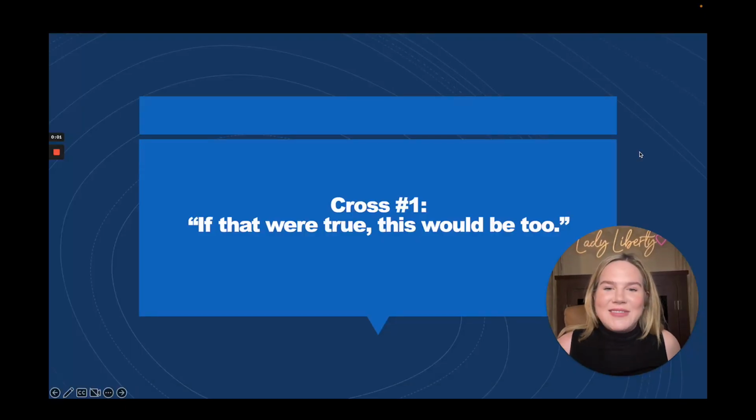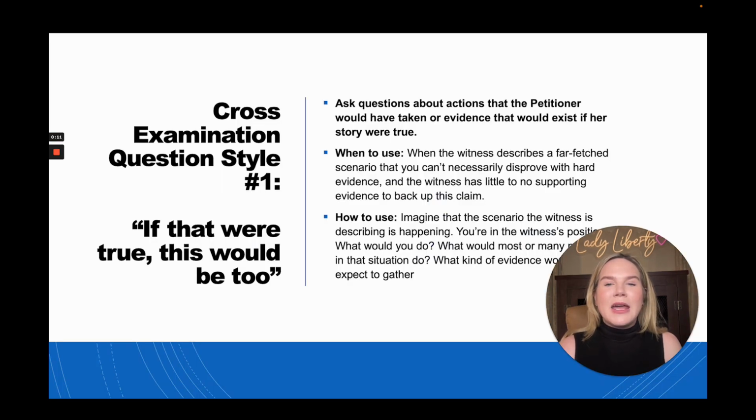All right, and just to give you some context, in the course I teach 4 different cross-examination styles. So this is the first one, and I call it, "If that were true, then this would be too." This is where you ask questions about actions that the petitioner, that's the other party, the party who filed the restraining order, would have taken or evidence that would exist if her story were true.